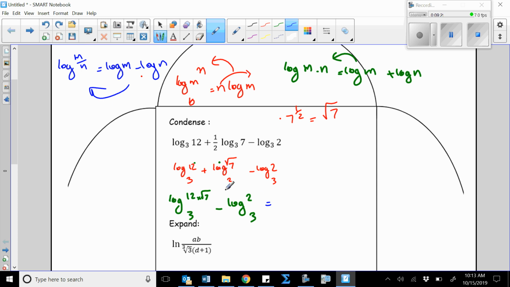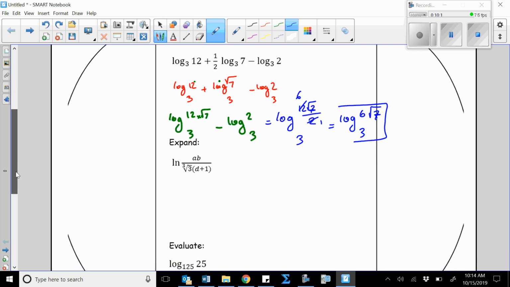So here, I'm going to make it one single log, where the arguments are divided. So 12 radical 7 divided by 2 with base 3. And here we can simplify 2 and the 12. 2 divided by 2 is 1. 12 divided by 2 is 6. So this can be condensed as just one log, log of 6 radical 7 with base 3. This is the answer of this question.